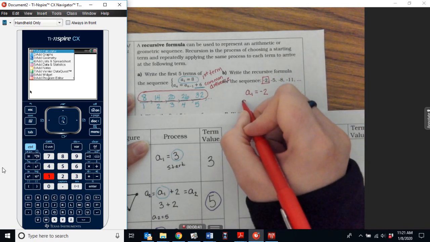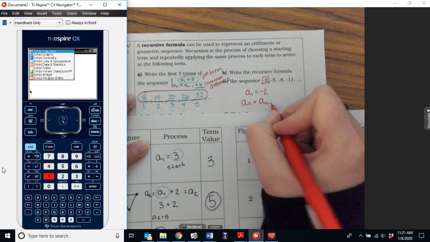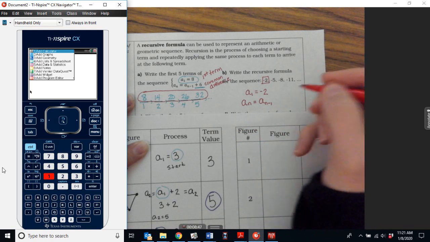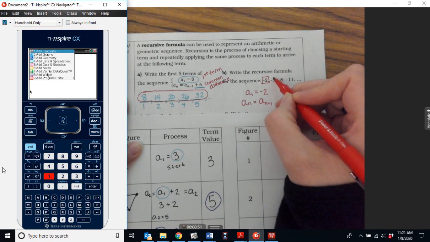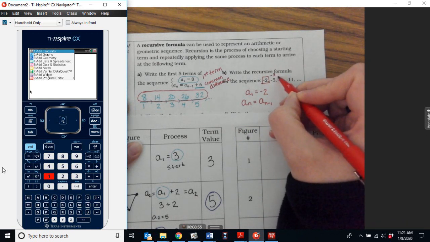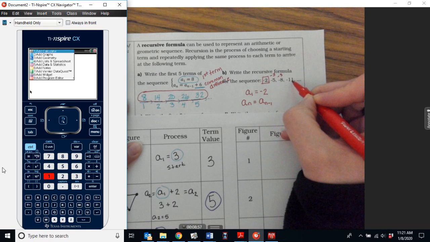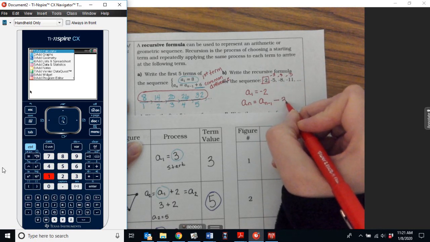And then a of n is the term before, so that's why we say n minus 1. And then I need the common difference. Well, to get from negative 2 to negative 5, I minus 3. From negative 5 to negative 8, I minus 3. And from negative 8 to negative 11, I minus 3, which means I'm going to say minus 3.